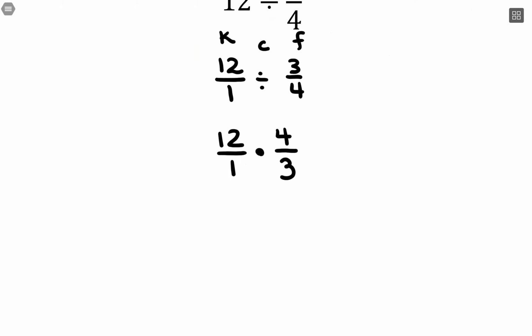And then we simplify. So let's see, that 4 divided by 3, there's nothing to simplify there, but 12 divided by 3 can simplify to a 4. So we're going to have 4 times 4 is 16 over 1 times 1, which is 1, which we can just write as 16.